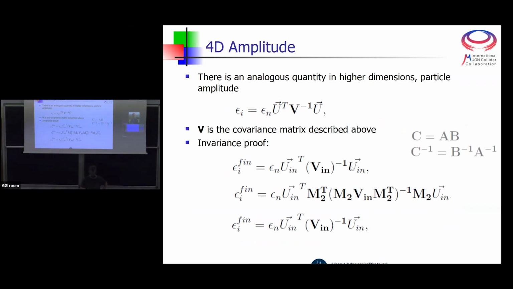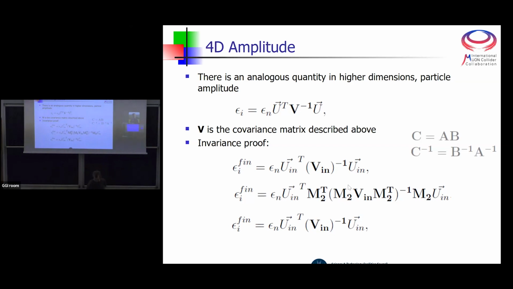And actually, just to prove that this thing is invariant as well for any particle, we can again go through the same thing of doing transport. So let's say U transpose just transports as M times U all transposed. When you transpose, you reverse the order.